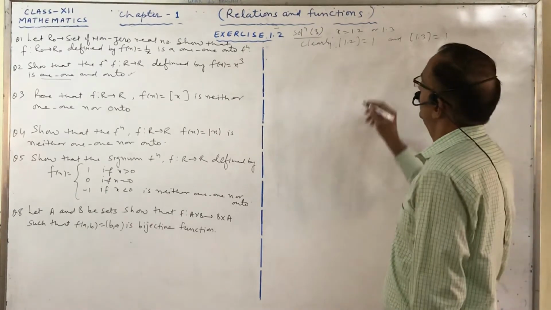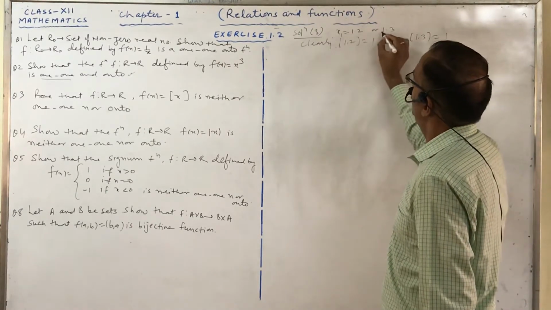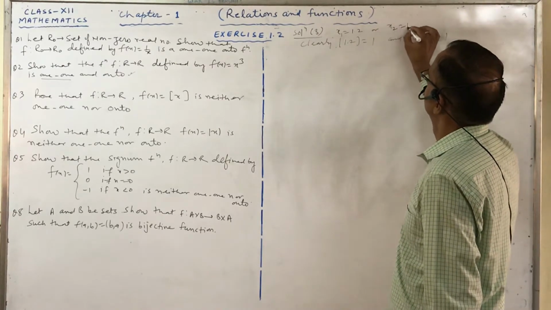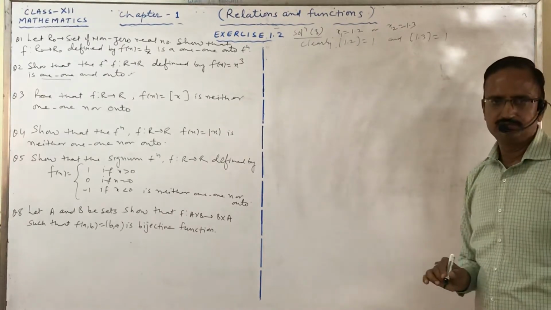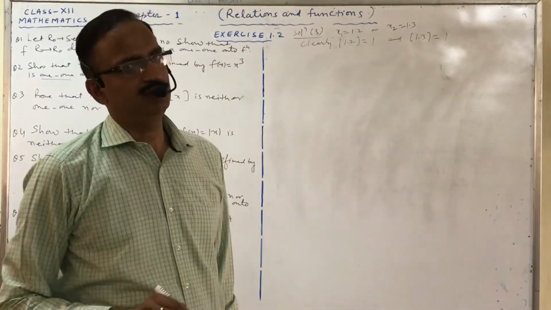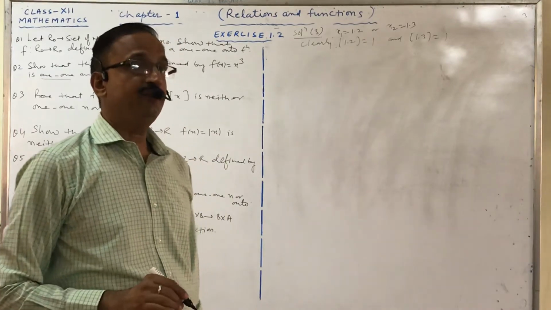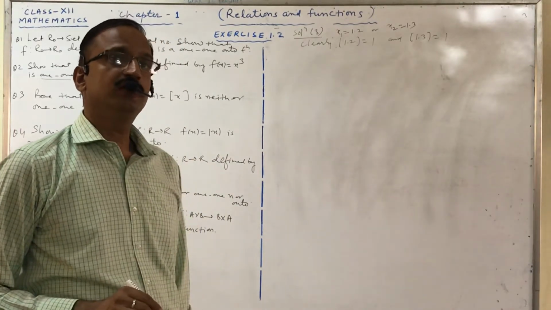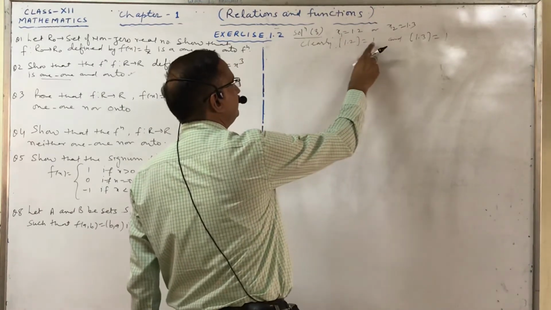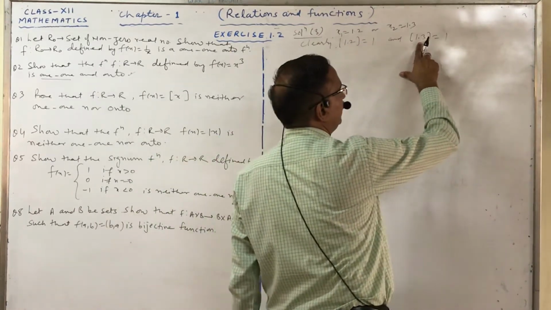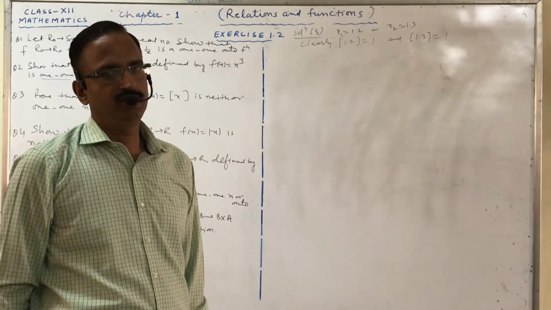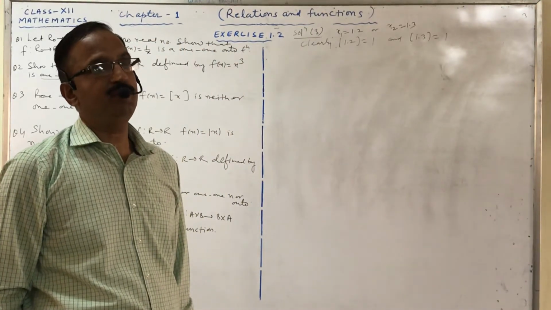It means if these are x1 and x2, suppose this is x2, these are different. If their images are different, we can say that it is 1, 1. If the images are not different, we can say that it is not 1, 1. Now look, the image of this is 1, the image of other one is also 1. The images are same, but the elements are different. So for different elements we have same images.